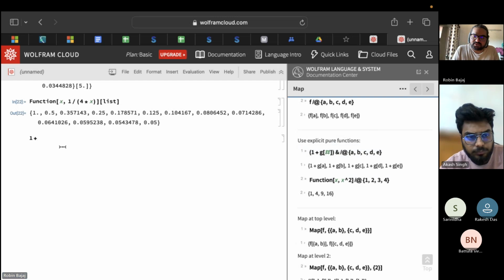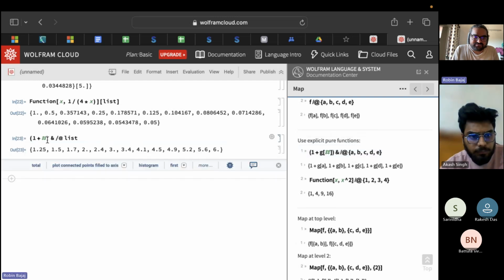Right. Let me try whether this works. Let's see if it works. This is very complex. The easier one was using the function. But let's do it for the sake of seeing what happens.